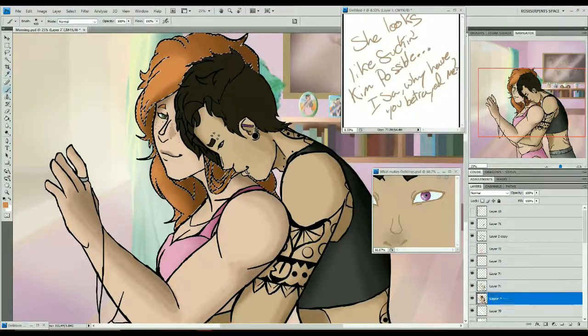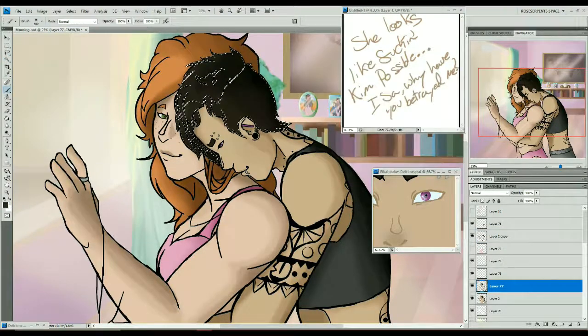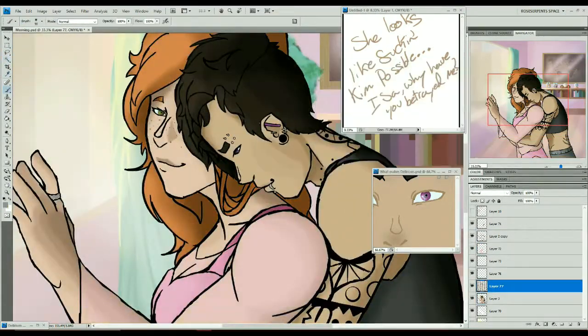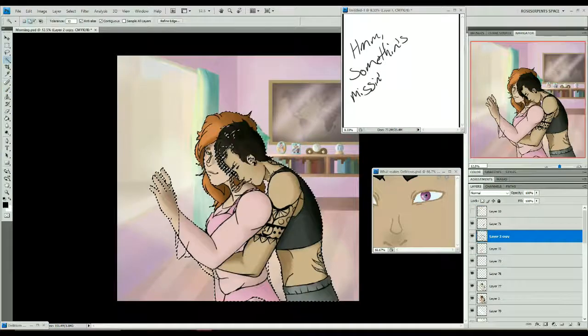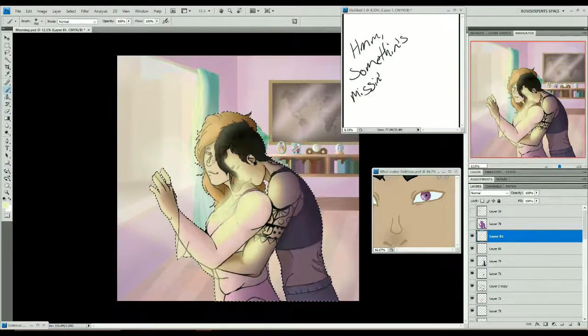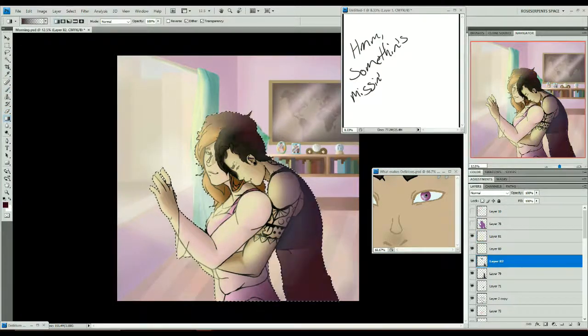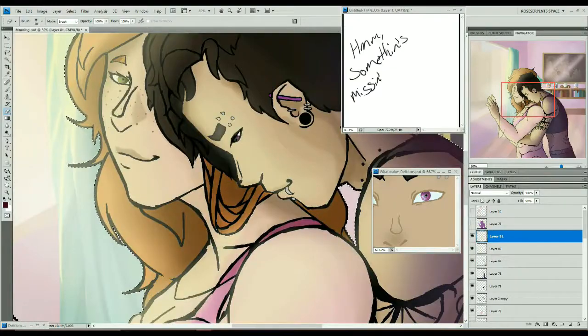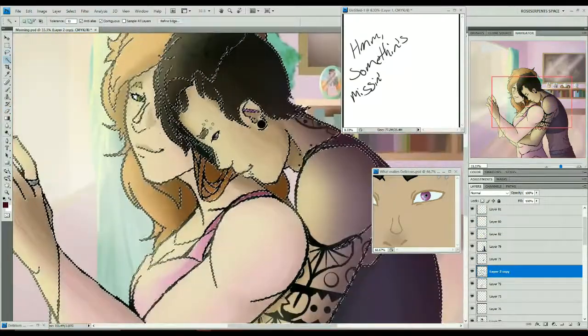Don't think about it as there's more than one person here. Think about it as there's one person here, and then tomorrow there's a different person here, and then the next day there's a whole other person here. You don't have to do it all together at once, okay? So don't be scared.